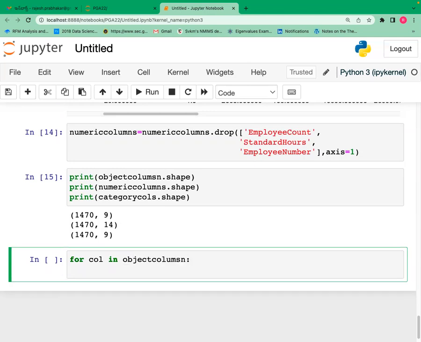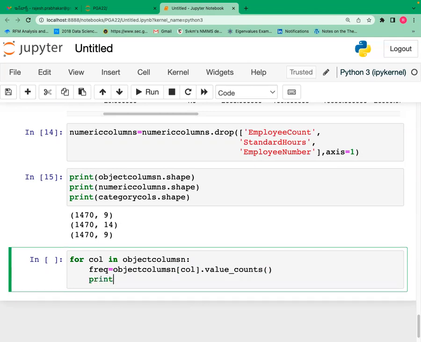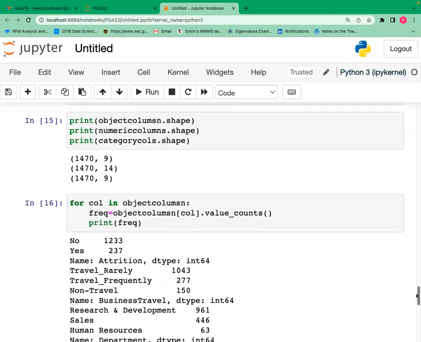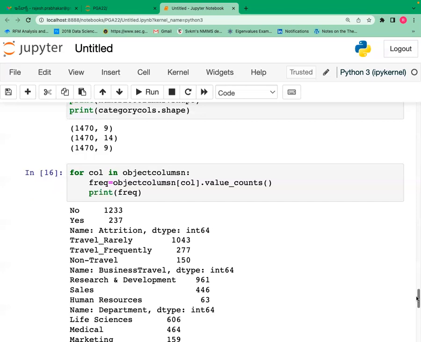For column in object columns, frequency is equal to object columns square bracket column, value counts. I'm just checking if there are any singular values in object columns.